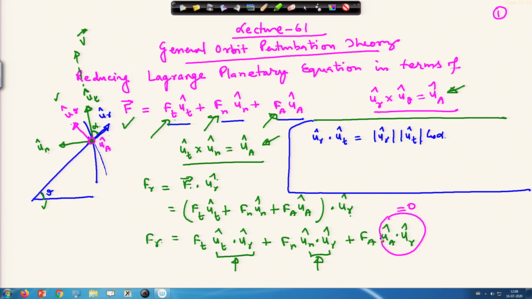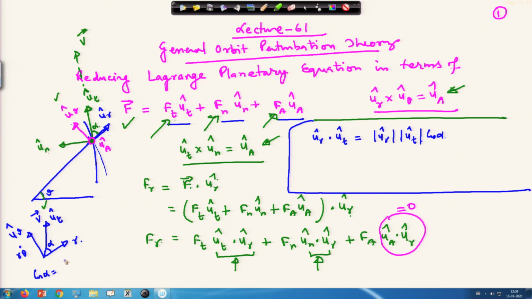What will this quantity be? Going back to our earlier lectures, if this is the r direction and this is the tangent direction u t cap, this is the theta direction. This angle we have written as alpha. V is along this direction, r is along this direction, and r times theta dot will be along this direction.